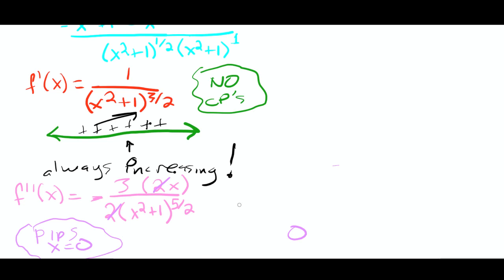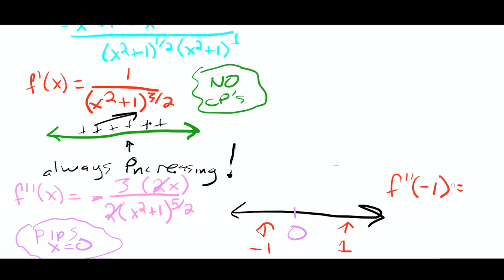So let's do our number line. So here's our pip. And so let's plug in test points on the left and the right into the second derivative. And if you plug in -1, you'll notice that this guy is going to be positive. If you plug in +1, you'll notice it's negative.